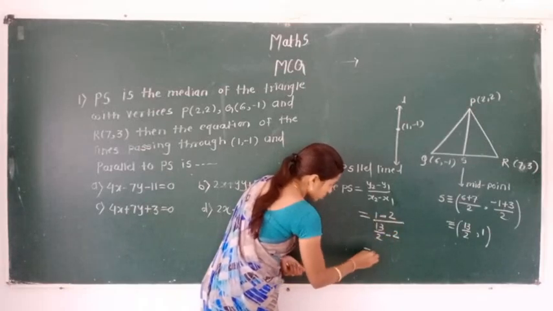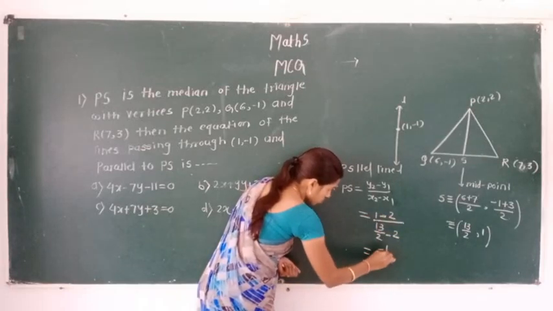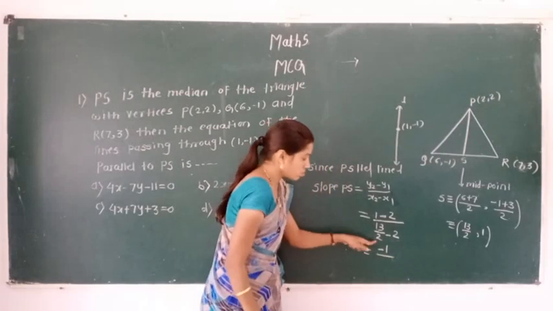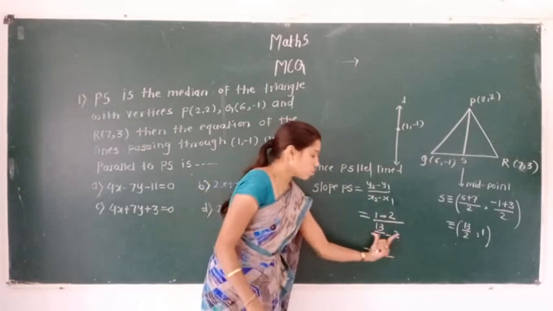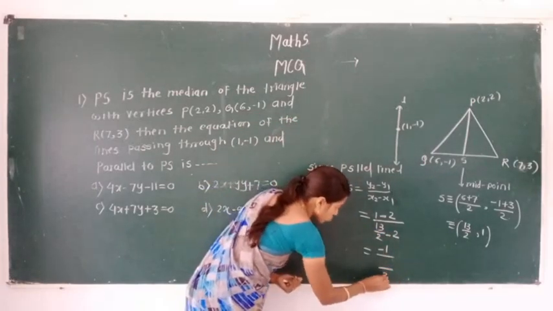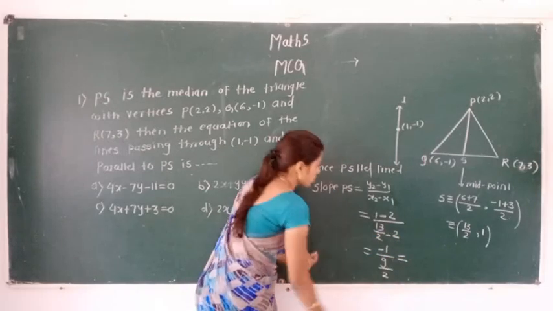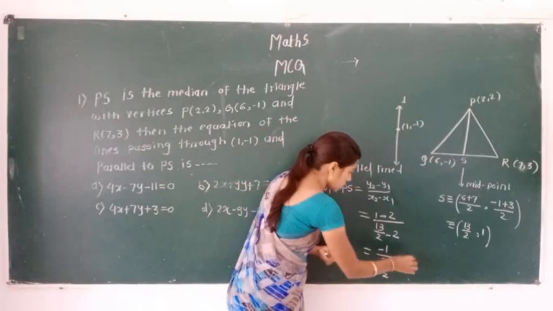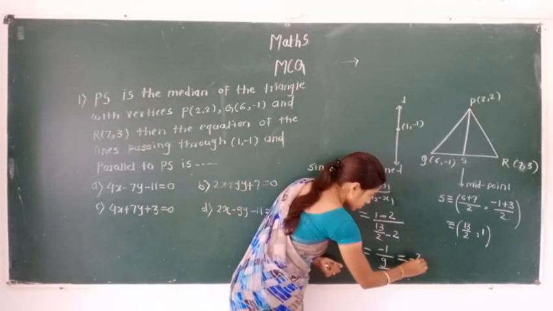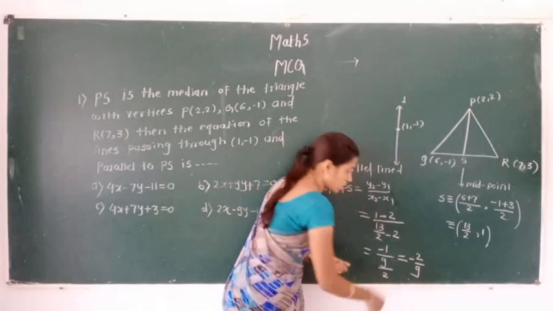Simplify it: 1 minus 2 is minus 1, and 13 minus 4 over 2 is 9 by 2. So the slope of line segment PS is minus 2 by 9.